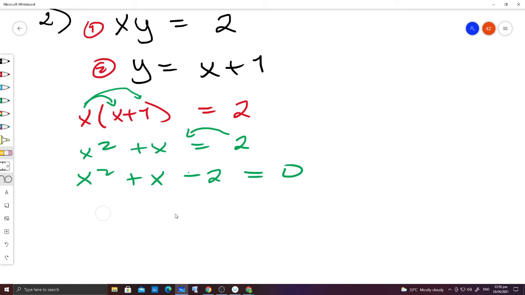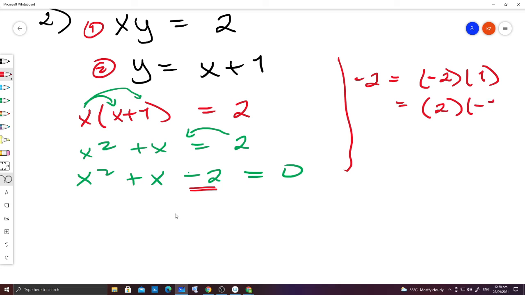Okay, let's review. This is how to factor again. The factors of -2, I will write it on the other side so that it's not confusing. So -2 is equal to -2 times 1, and then 2 times -1.